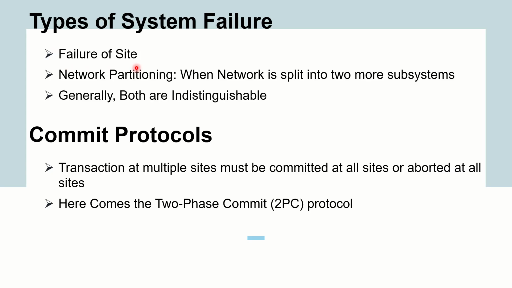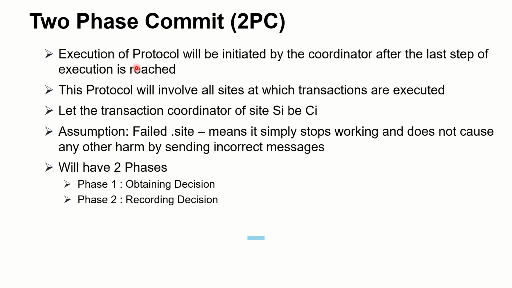Failure of a site means it simply shuts down and is not going to do anything more. It is not going to harm any of our systems or send any messages to them. So that is our assumption: the failed site will not cause any harm to our other systems by sending incorrect messages.